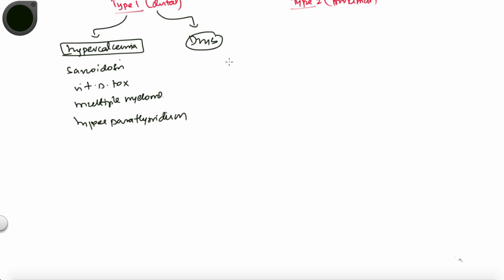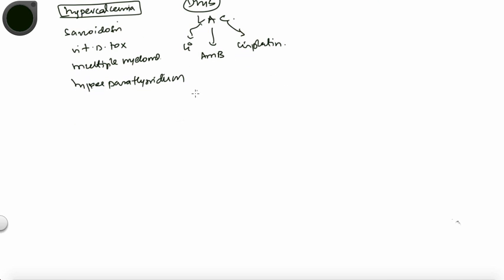You should not forget the mnemonic LAC, like the lac operon: lithium, amphotericin B, by inducing pores in the distal tubules and distal nephron, and also cisplatin. All these drugs can cause distal renal tubular acidosis.